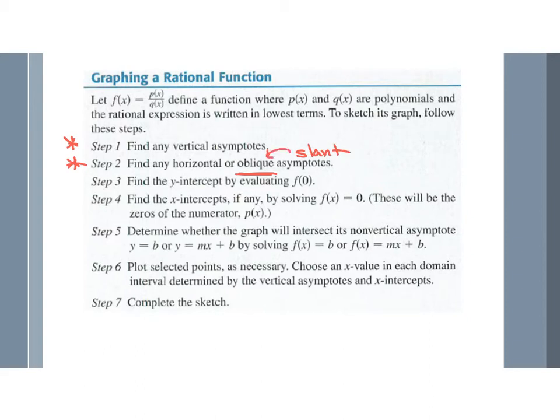Then we're going to find the y-intercept by setting x equal to 0. Then we're going to find the x-intercepts by setting y equal to 0. And then from there, we're going to graph the asymptotes. And then we're going to graph some more points. And we're going to get those additional points from our calculator. So let's try it.